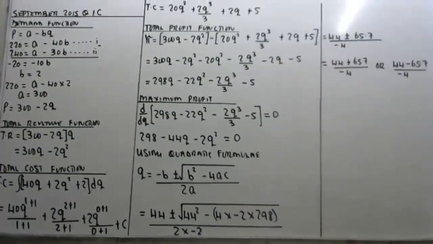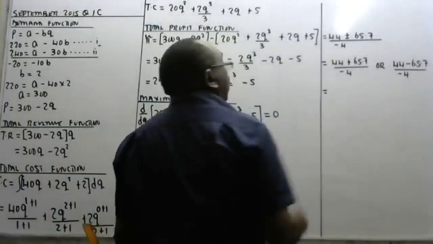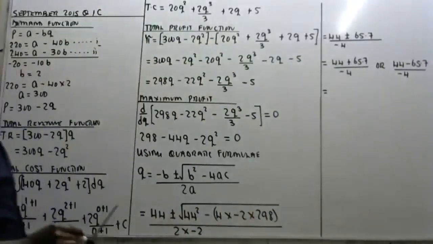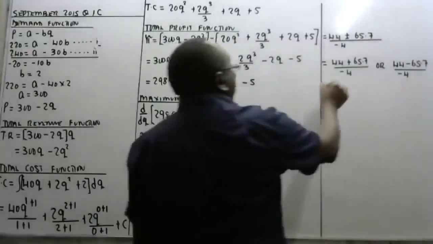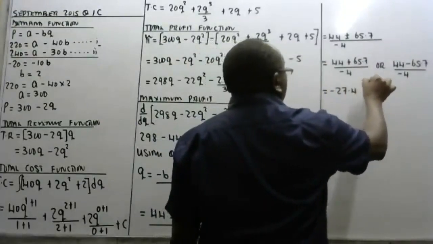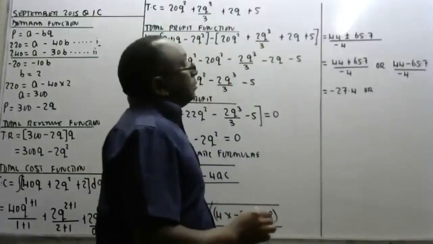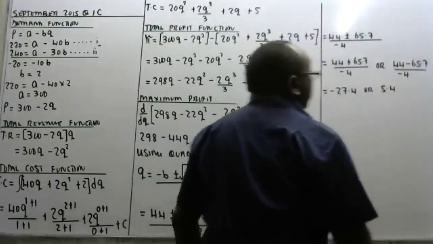So the first one becomes minus 27.4 or 5.4.